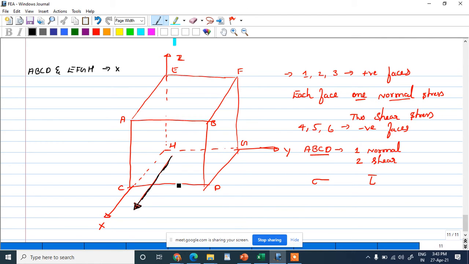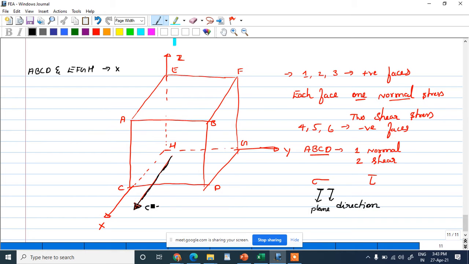This is the normal stress indicated by sigma, and it will have two suffixes, one indicating the plane and one indicating the direction.